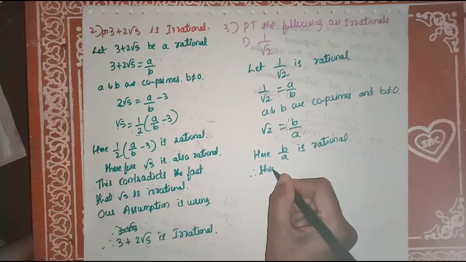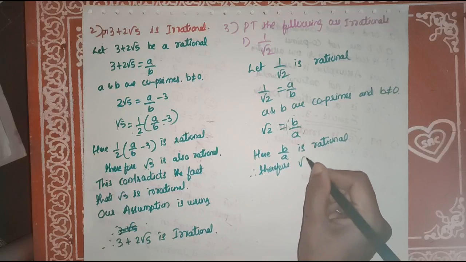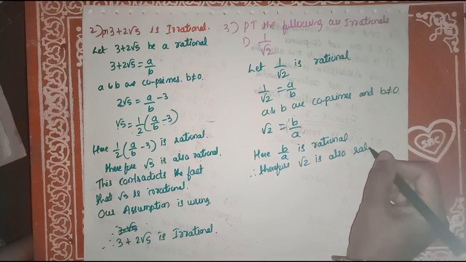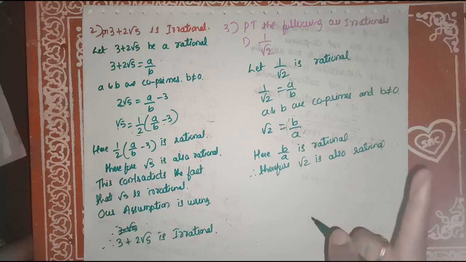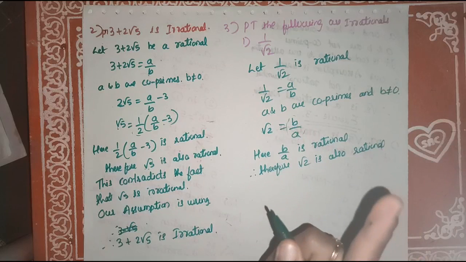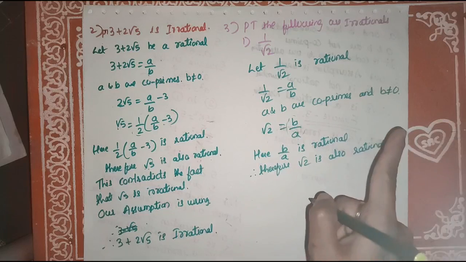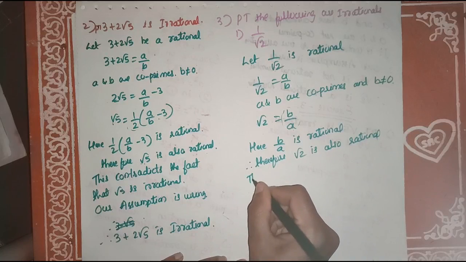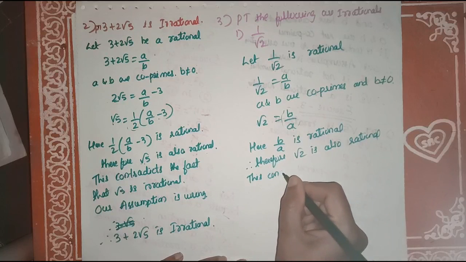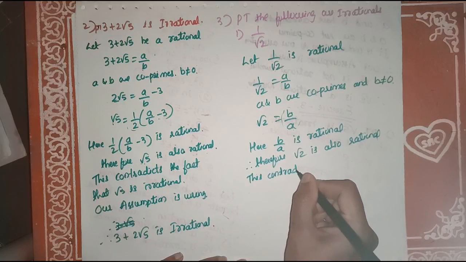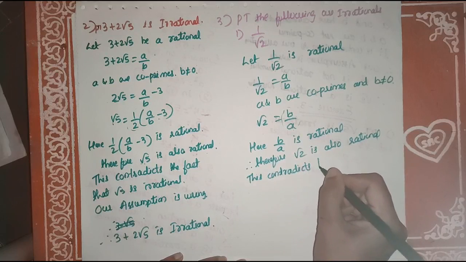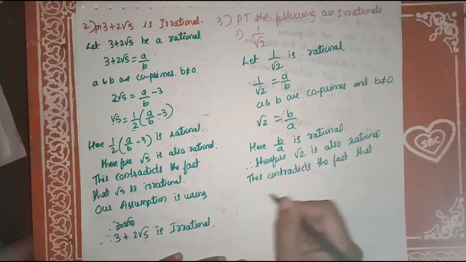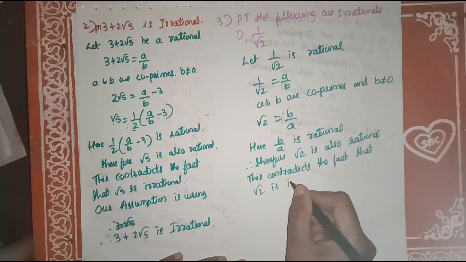Therefore root 2 is also rational. But we know that root 2 is irrational because we proved it in the theorem. So this contradicts the fact that root 2 is irrational.